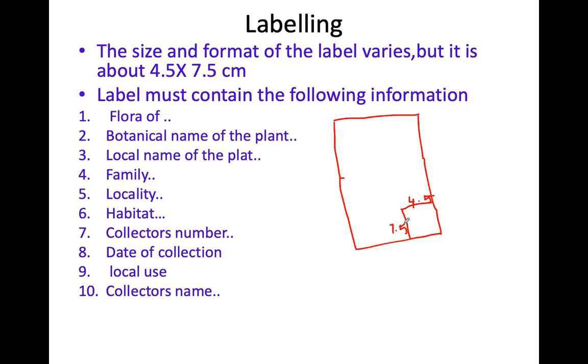The label must contain the following information: flora of, botanical name of the plant, local name of the plant, family, locality, habitat, collector number, date of collection, local use, and collector's name. The label must be on the herbarium sheet.